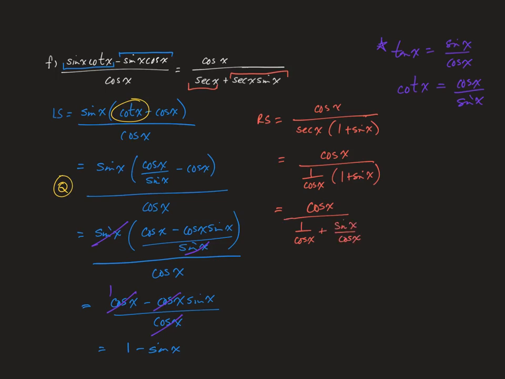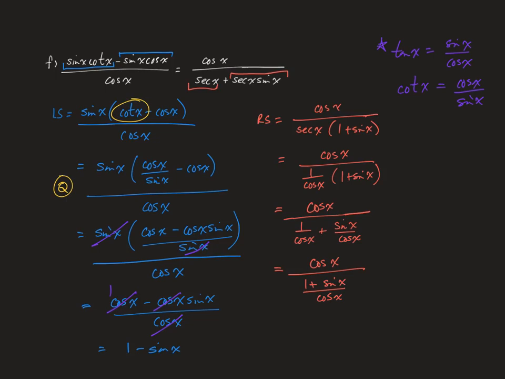My dominant fraction line isn't looking very dominant. I'm going to make it a little bigger. Okay, I can continue to keep going with this, so that means I can simplify my denominator into one fraction. Luckily, they already have a common denominator.